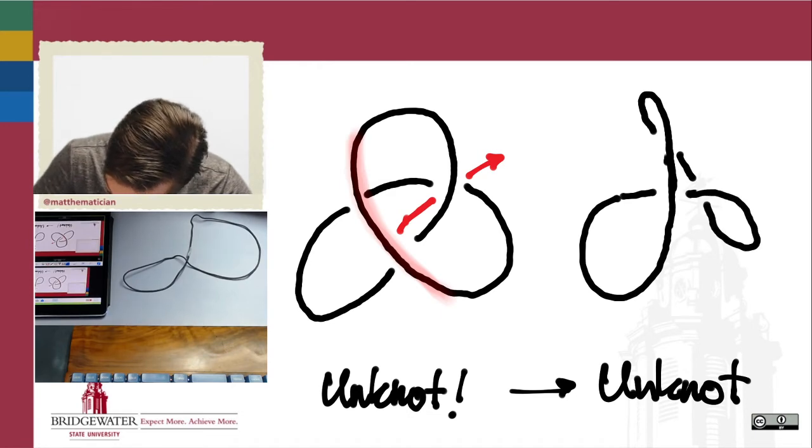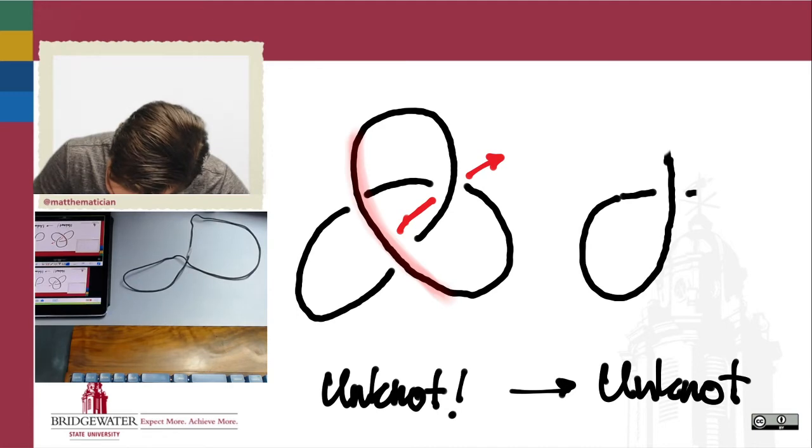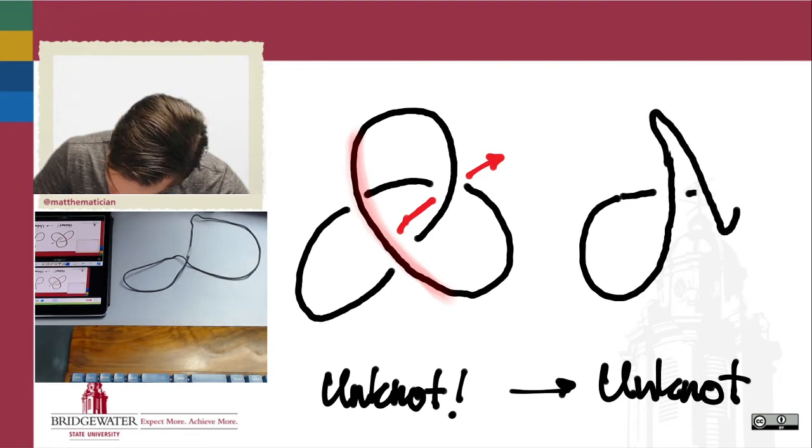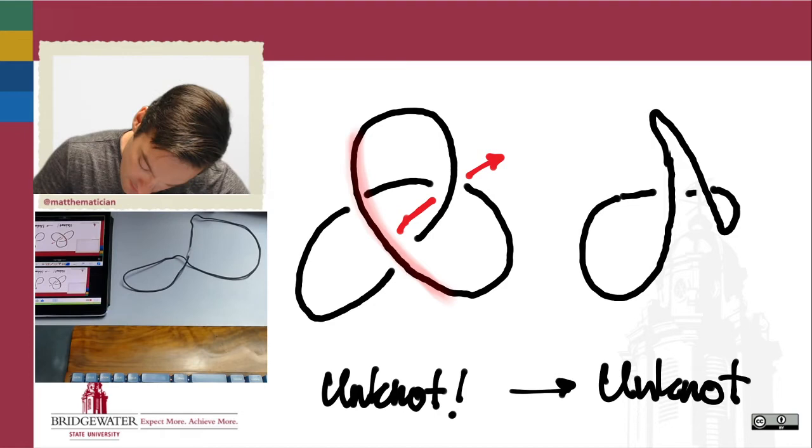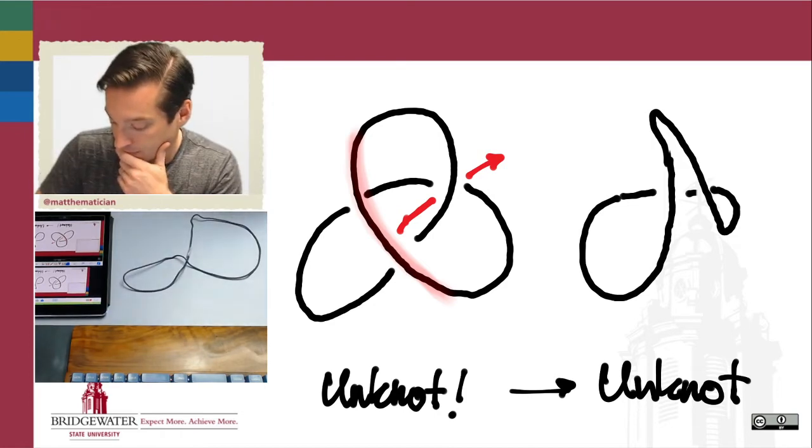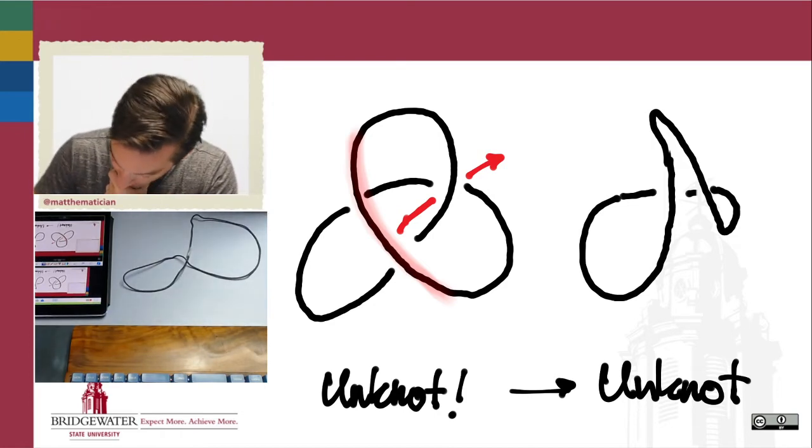Nope, it's an over. Sorry. I'll get this right one of these times. So it needs to be an over strand still. So it would look something like this. No, because I also need a loop on this side.